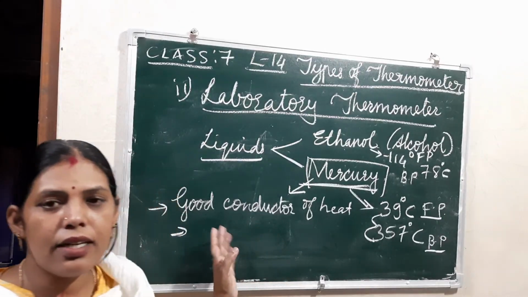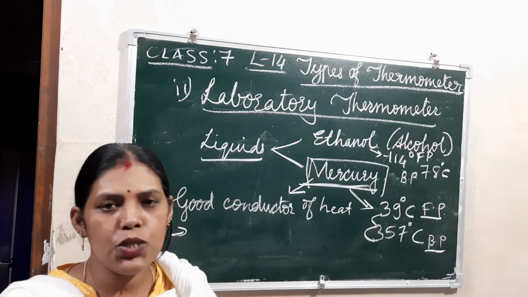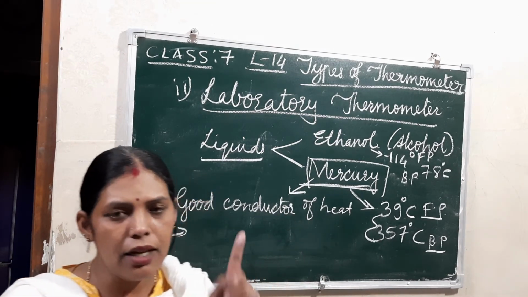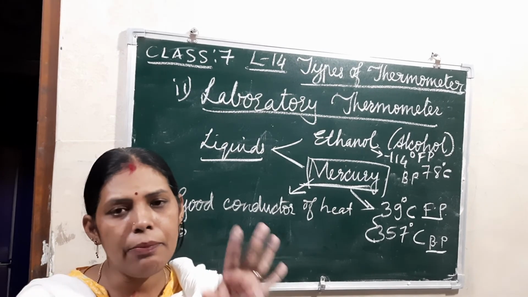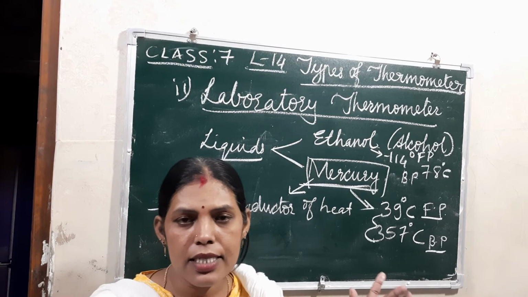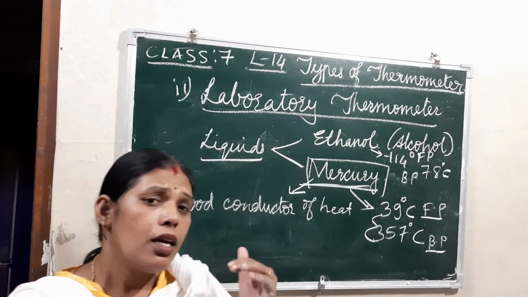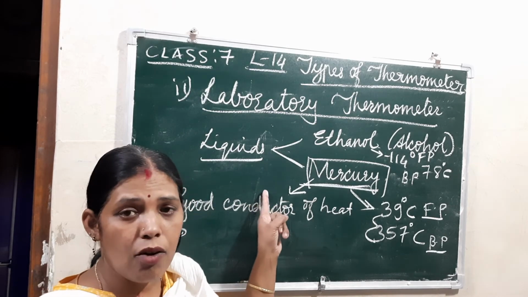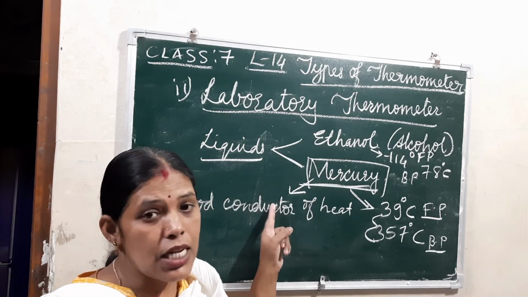Okay children, you understood today's topic, the different types. Already I said there is one more thermometer, the maximum minimum thermometer. Earlier some children asked, this laboratory thermometer is also called a Celsius thermometer.